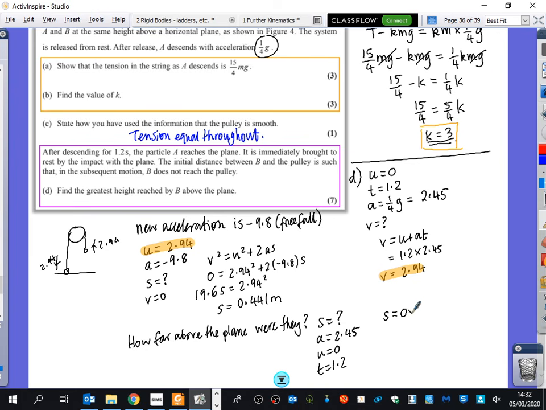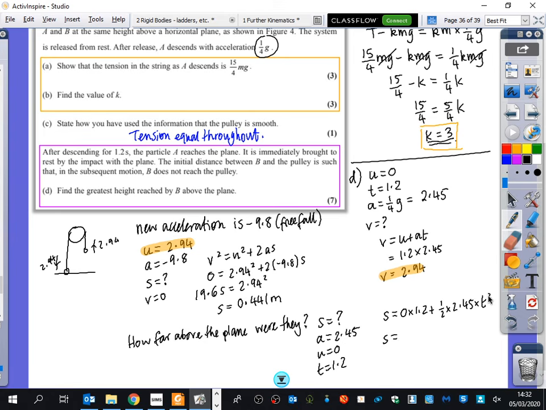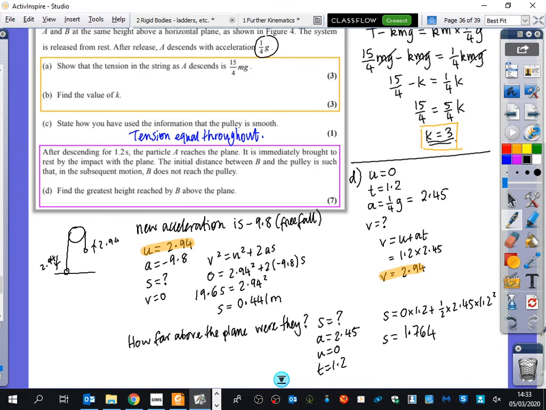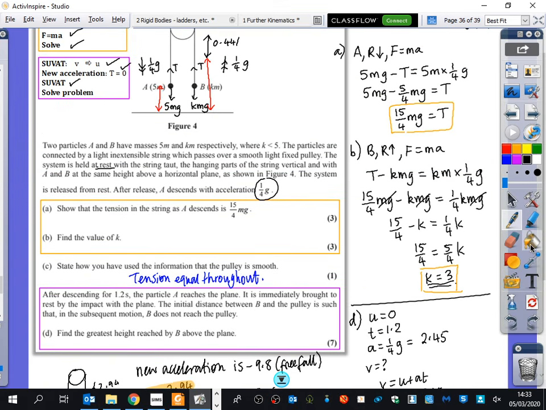So s is equal to, oh, and t is 1.2, sorry. 0 plus 0.5 times 2.45 times 1.2 squared. So s is 1.764. So that means this distance is 1.764.